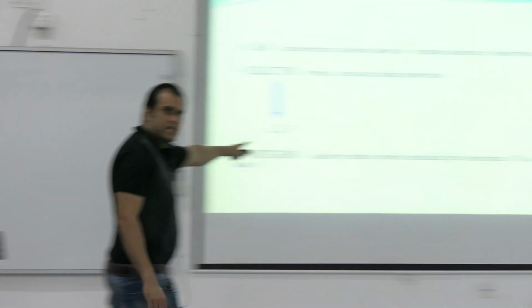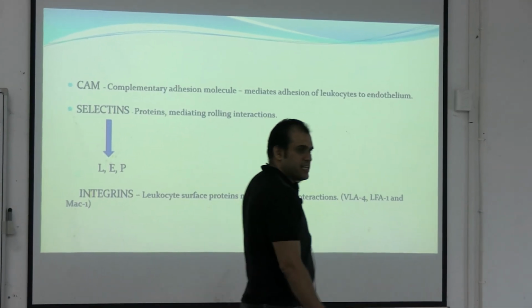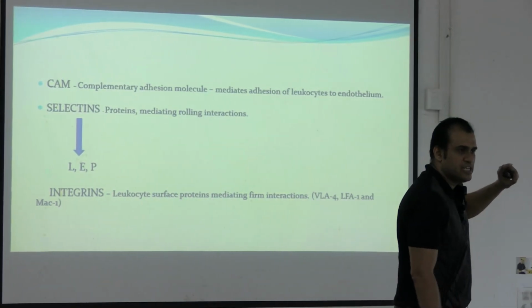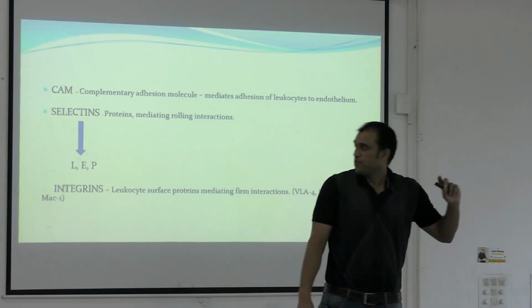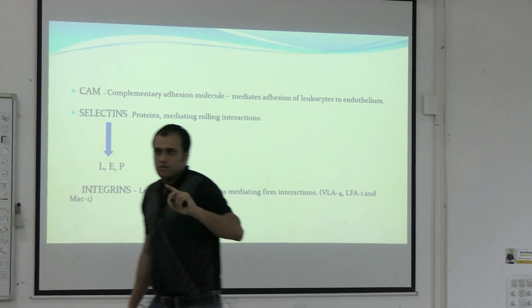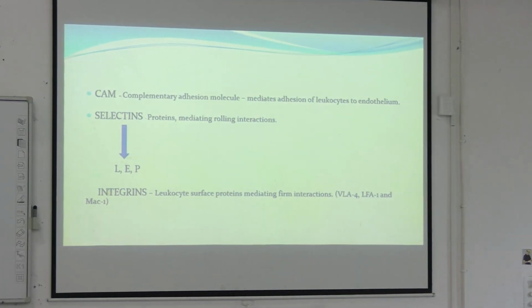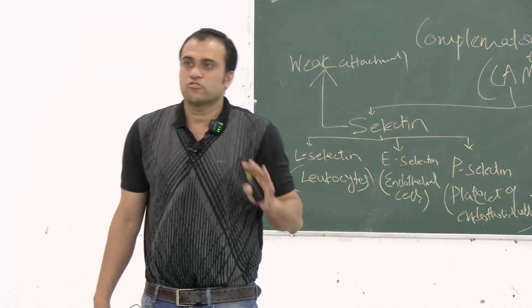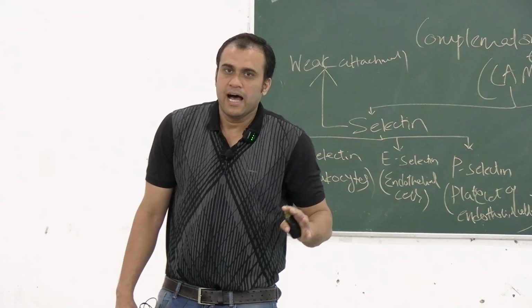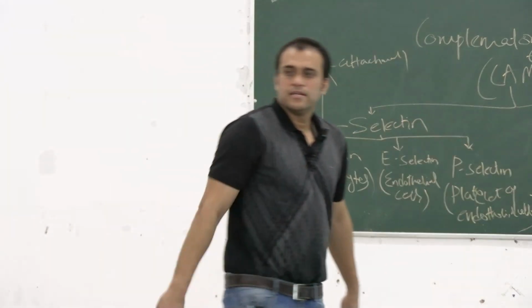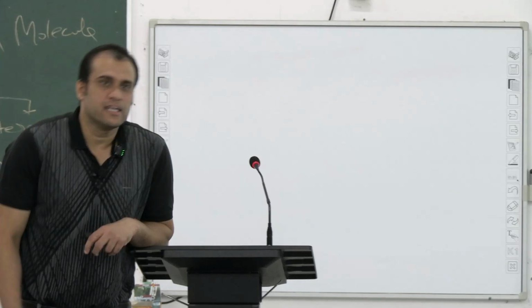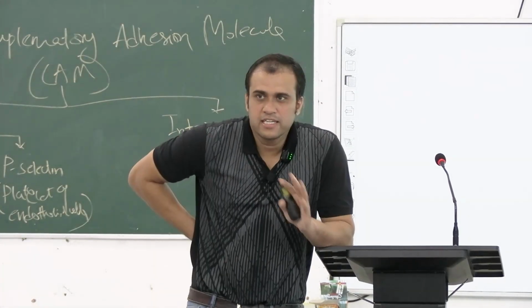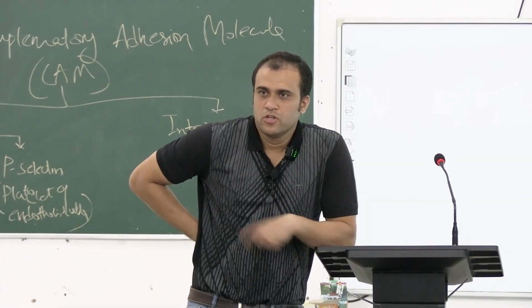L, E, P: L stands for leukocytes, which is located mostly on neutrophils, macrophages. E for endothelium, and P for platelet and endothelium. Okay, you have to remember this.